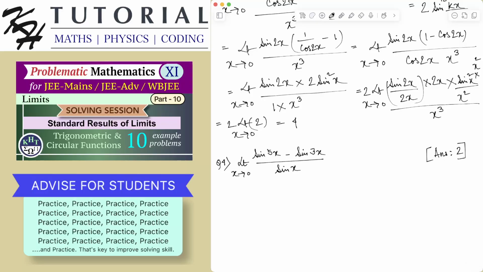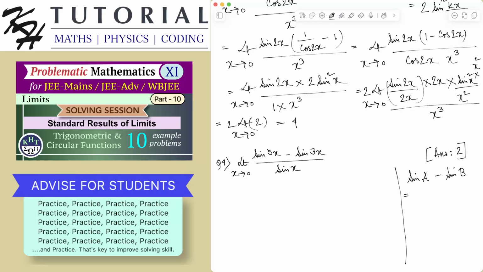Sine 5x minus sine 3x divided by sine x. Now whenever you see in a limiting problem any expression of the form sine a minus sine b, where a and b are possibly some function of x, then always use this formula.